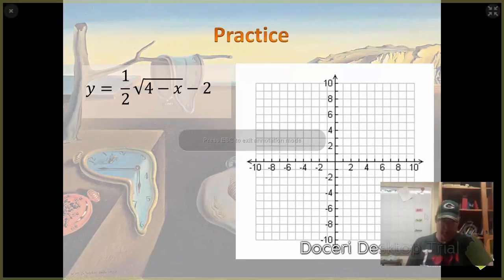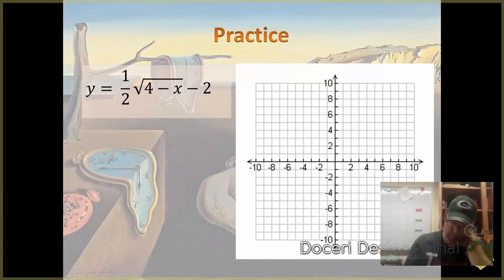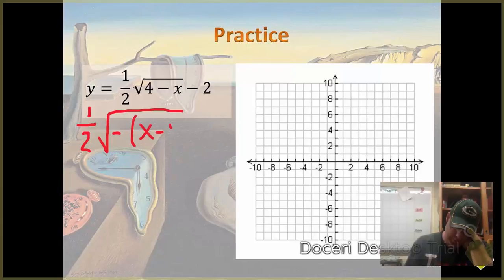Okay, you should have rewritten this one because of that -x in there. So it should have been 1/2 square root of negative x minus 4, minus 2. So this tells you that it's reflected.